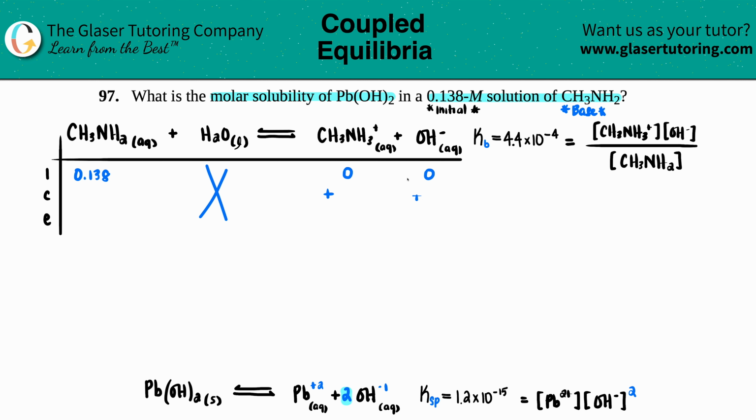In this case, the reactants are going to be negative, coming down. We don't know by how much, so we use a variable, x. So this would be minus x, and plus x. And then at equilibrium, you pull them all together. So 0.138 minus x.